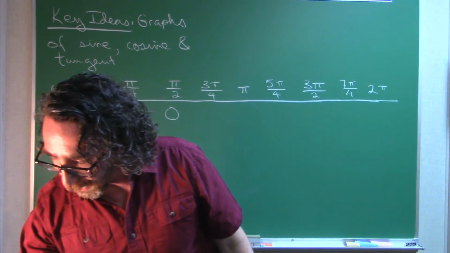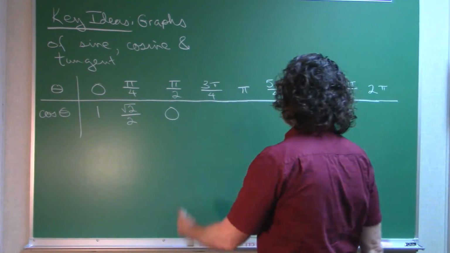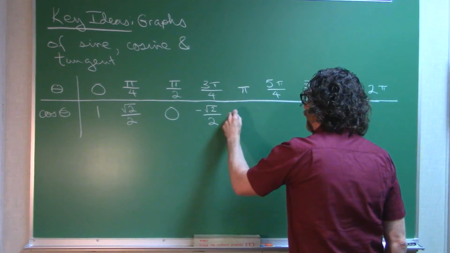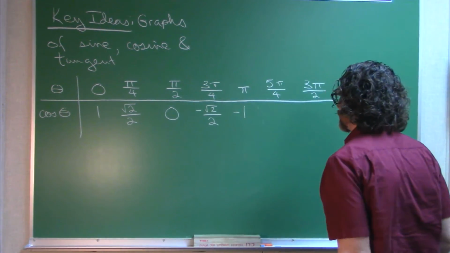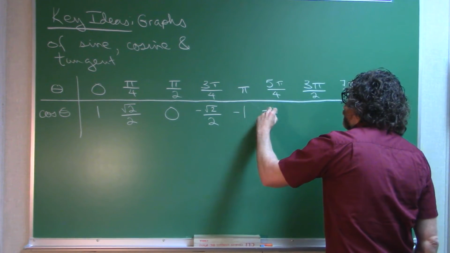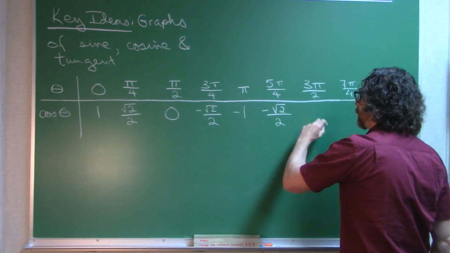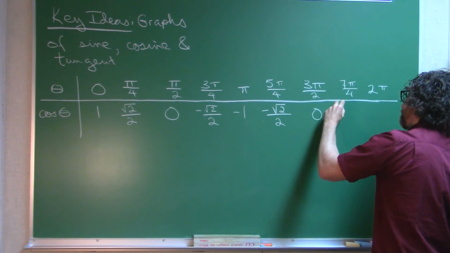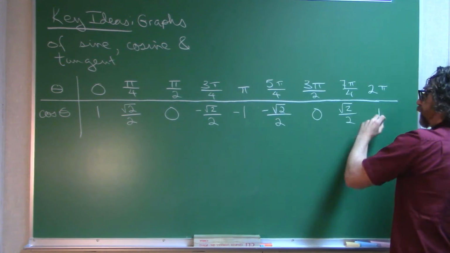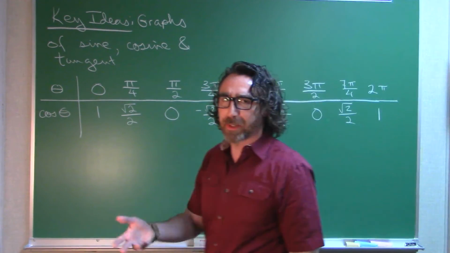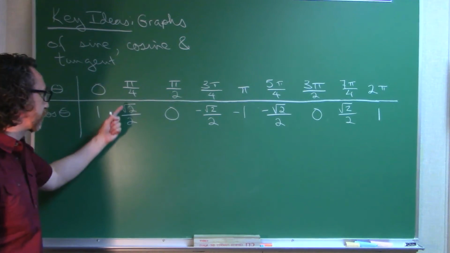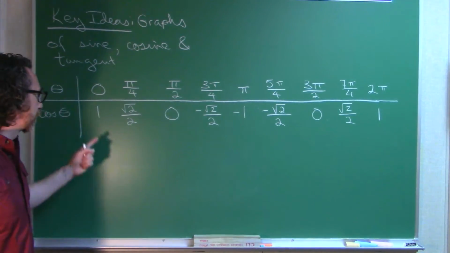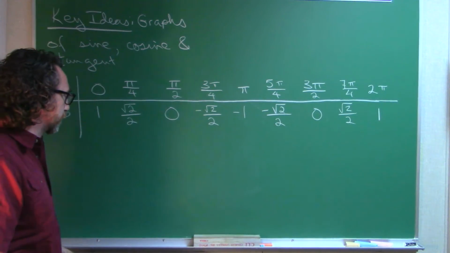Now at 3 pi over 4, the cosine is negative. And then here at pi, cosine is negative 1. At 3 pi over 2, cosine is 0. Then root 2 over 2, and 1. Now, using our calculator, we could get an approximation for radical 2 over 2. It's approximately 0.7 if you want a decimal approximation there.